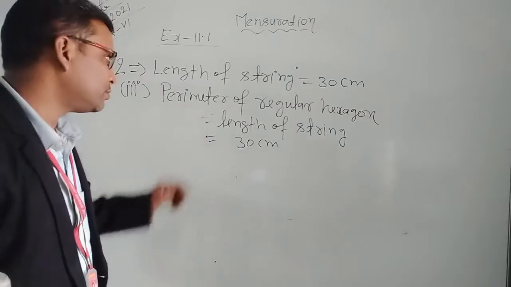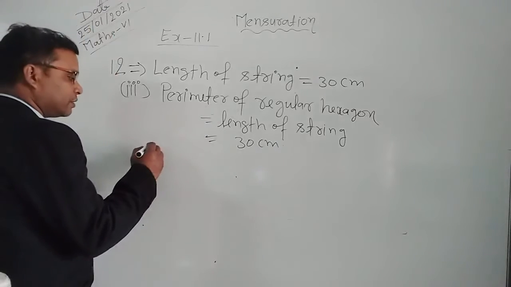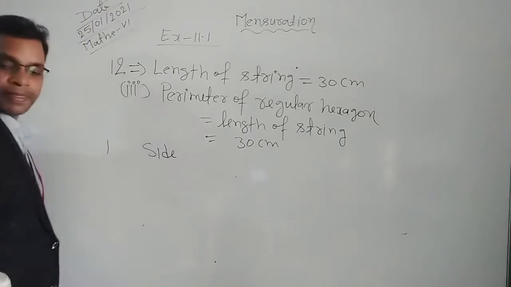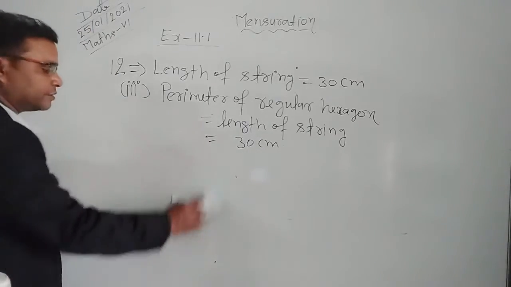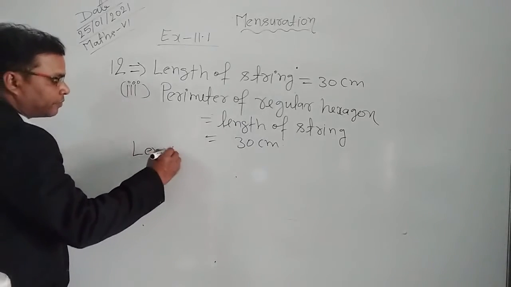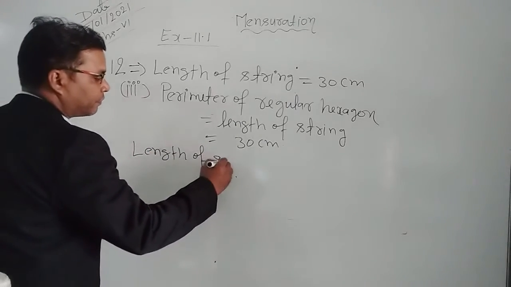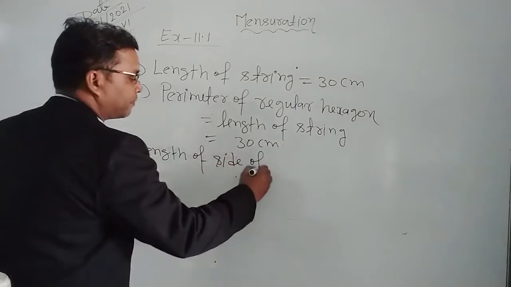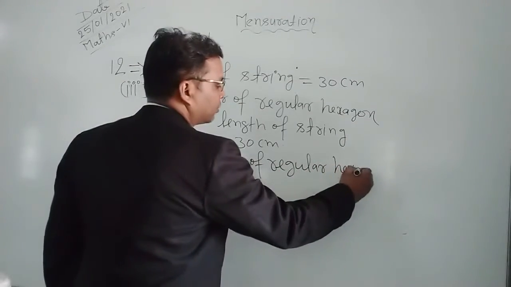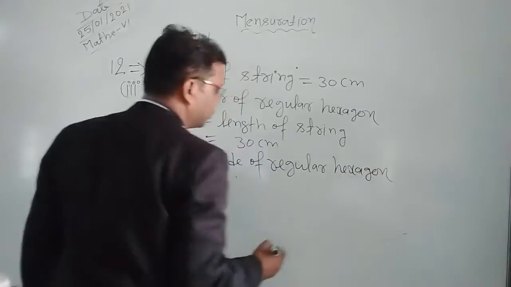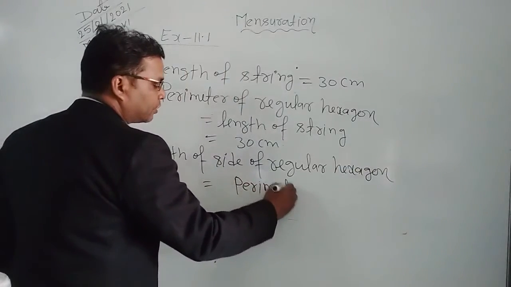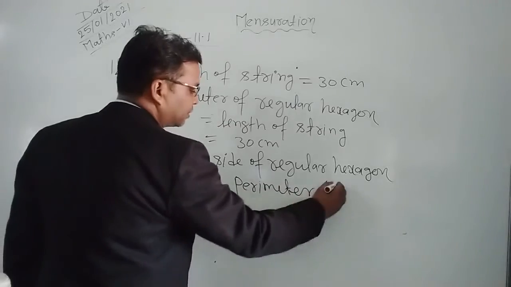So for the side of the regular hexagon, or you can say length of side. The length of side of the regular hexagon is equal to perimeter by 6.